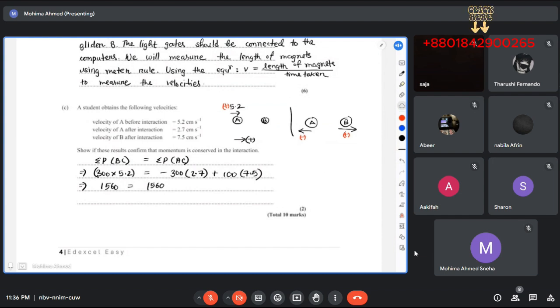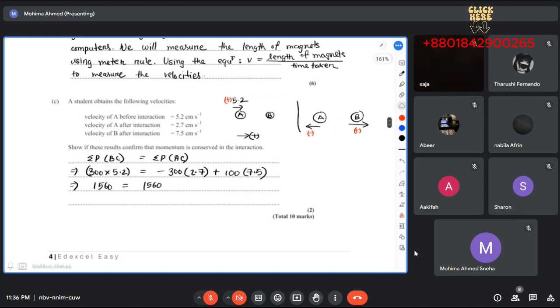Just let me do the calculation of it. No, I am also getting negative 60. Then the momentum is not conserved. One minute, let me just see if I'm not wrong.